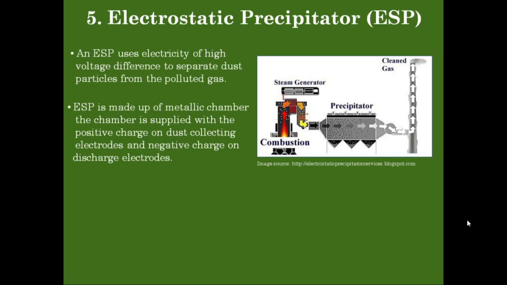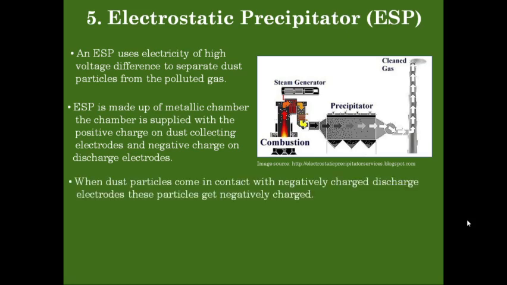This metallic chamber has two electrodes. First is the positive charge electrode, and that is known as the dust collecting electrode. Another is the negatively charged electrode. The difference of voltage between these two electrodes is very high.